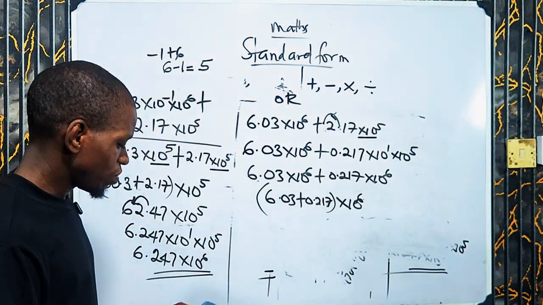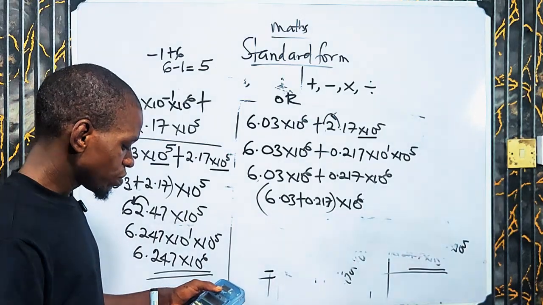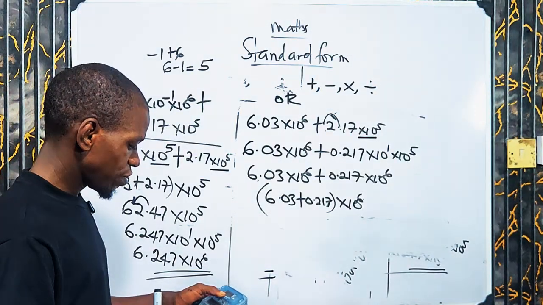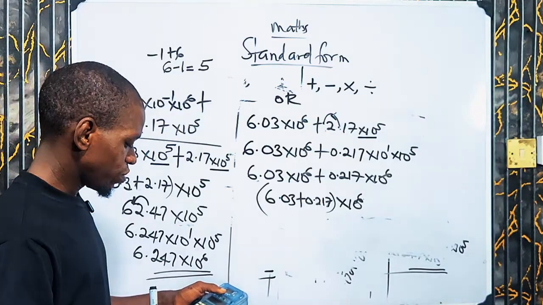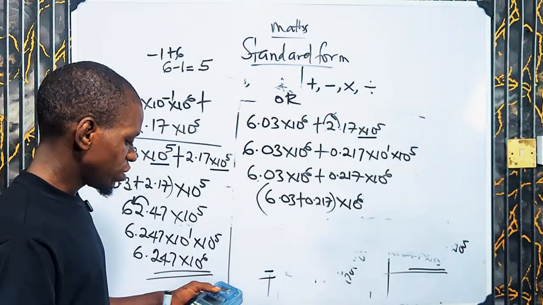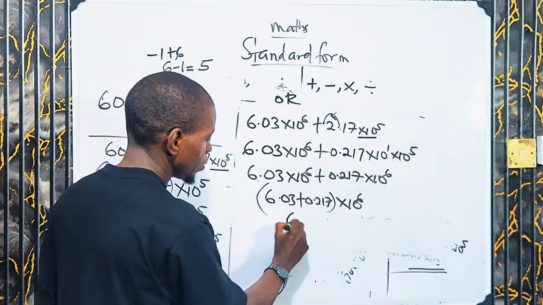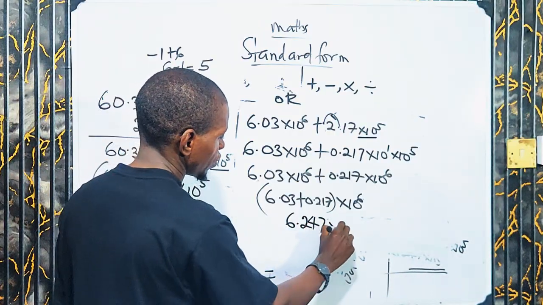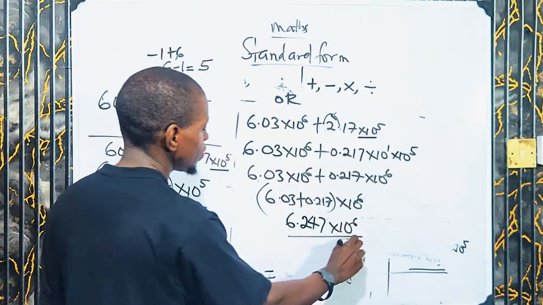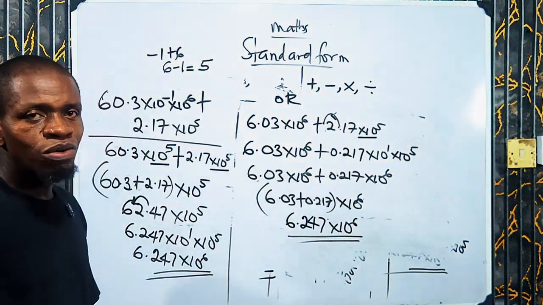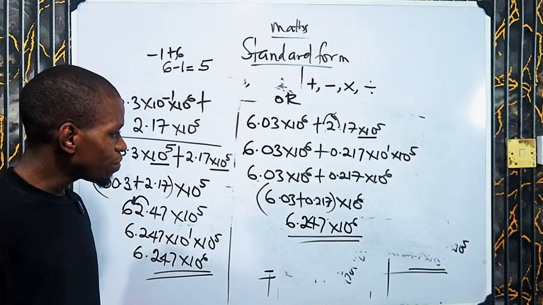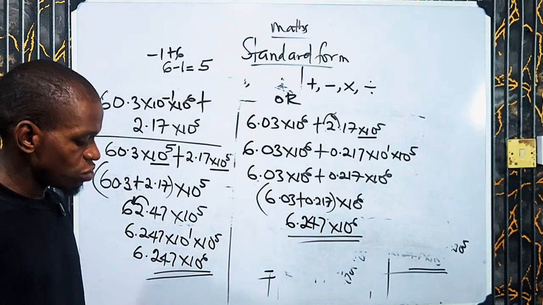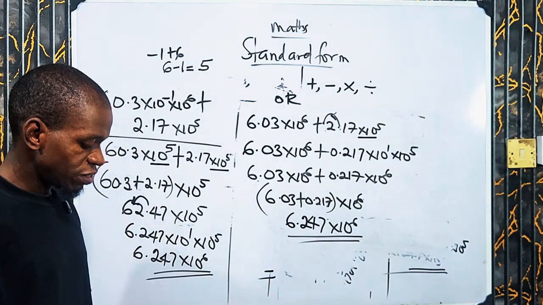So when I add both of them together, let's see what it is going to be. 6.03 plus 0.217 is going to give me 6.247 times 10 raised to the power 6. Easy peasy, very simple. They are all giving you the same answer. Any way you solve it, you are going to get the same answer.